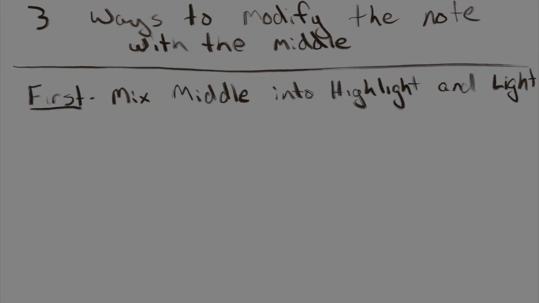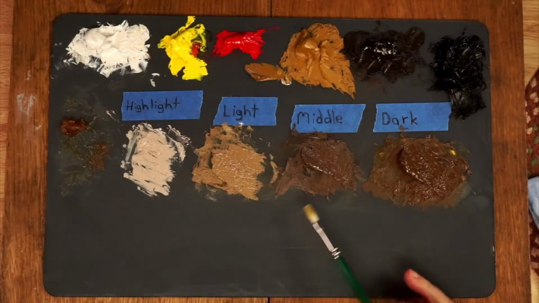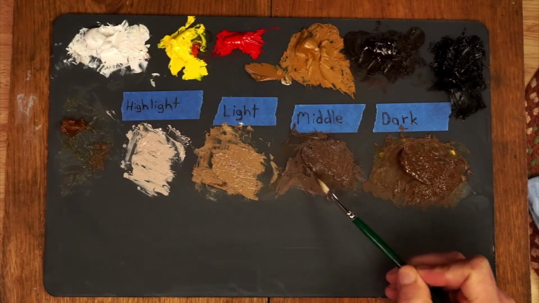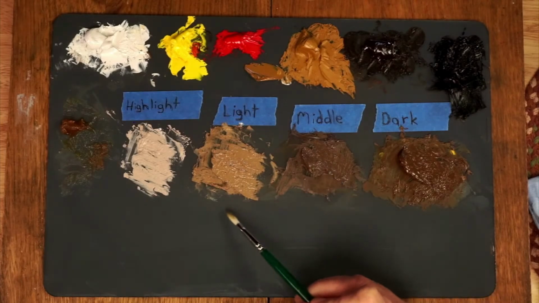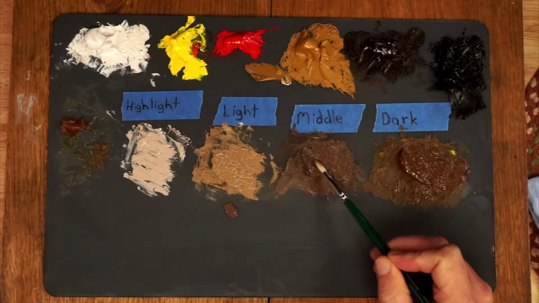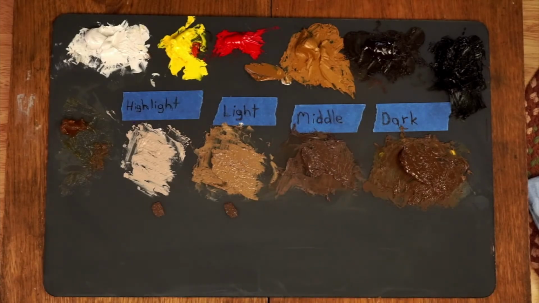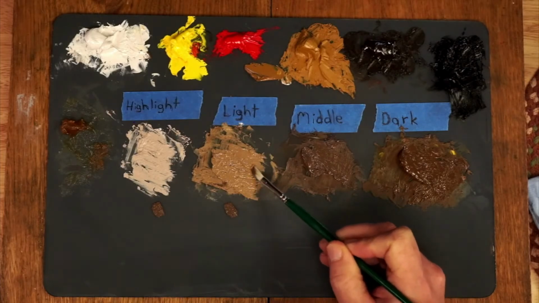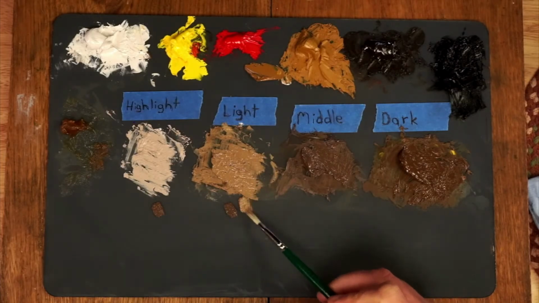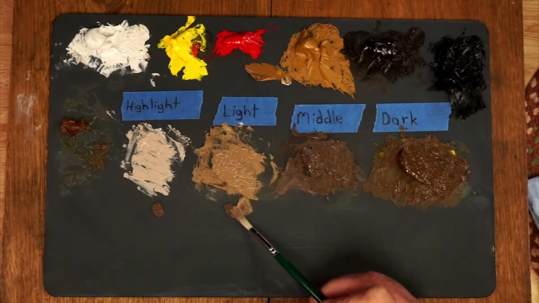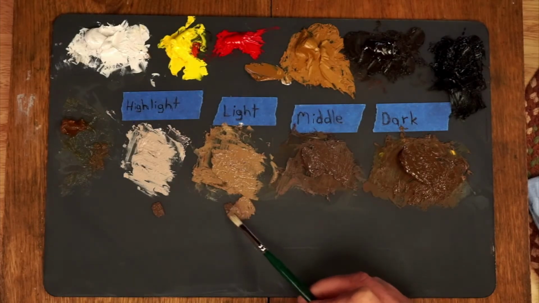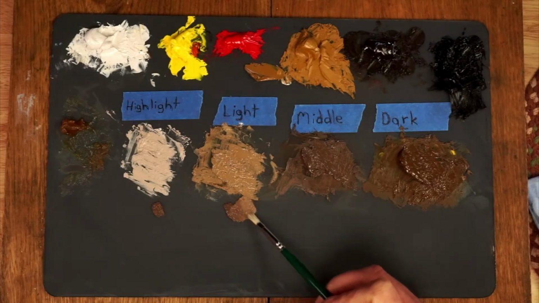First, we can simply mix the middle in with the light and the highlight, as such. The more of the middle you mix in with the light and the highlight, the weaker in terms of visual power those notes become.